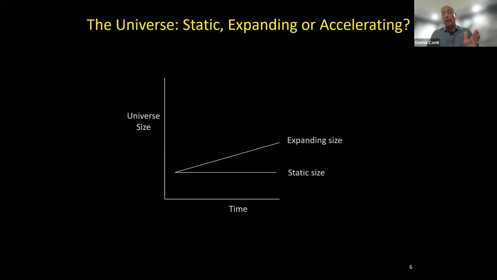And then folks realized not only was it expanding, but accelerating. So the theory and the concepts about the size of the universe went from the standpoint of it's there, it's always been there, always the same size, to it's expanding, to it's accelerating. These are three different theories, if you will, about the size of the universe.